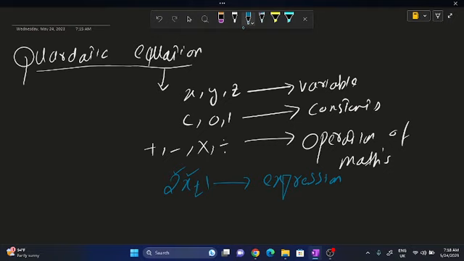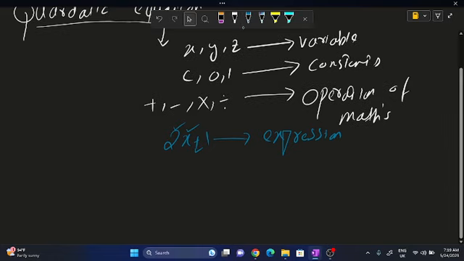So when there is no sign of equality, that would be only an algebraic expression. Hope you are understanding what I want to say. When you have only variables, constants, and operations without relating it with some equality to a constant or another expression, that would be only an expression, not an equation. This is known as an algebraic expression, or simply you can also name it an expression, not an issue.